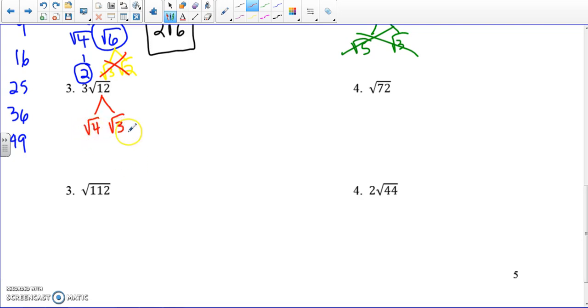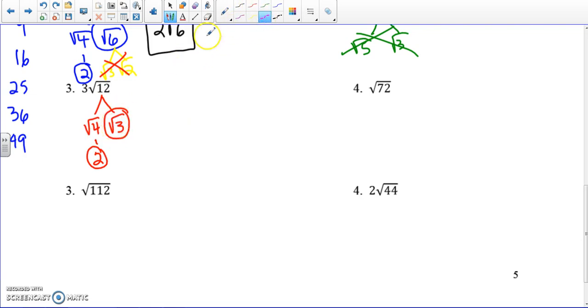So once again, you see how both of those numbers still have the square root sign because they're still square roots. All right, the 4, however, that goes down to a 2. Square root of 3, nothing left we can do there. All right, so what we have right now is 2 radical 3.